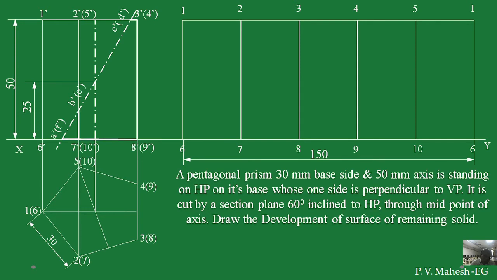So this dark portion is the truncated prism for which we are going to do the development.